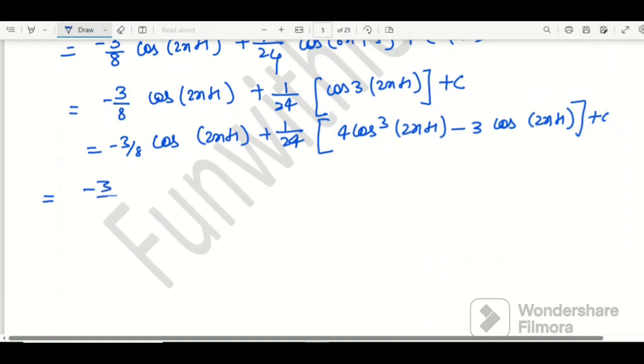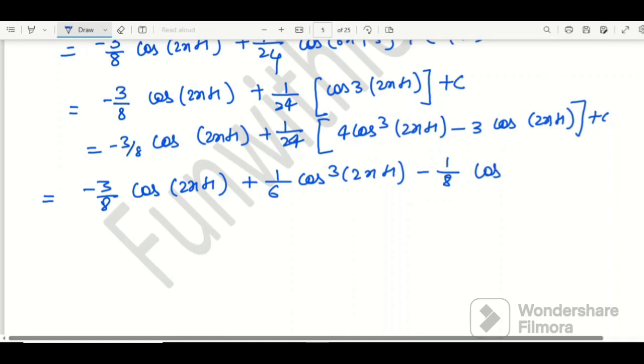So it will be minus 3 upon 8 cos(2x plus 1) plus 1 upon 24. Now I can take them outside. Cancelling 4 from 24 gives 1 upon 6, so it will be 1 upon 6 cos cube(2x plus 1) minus 1 upon 8 cos(2x plus 1) plus c.